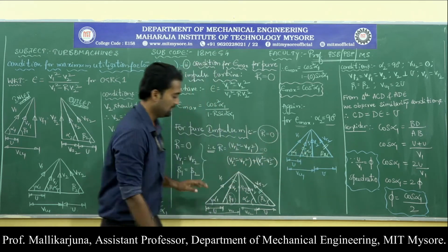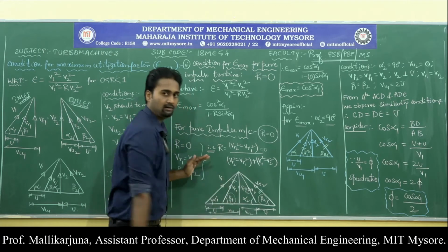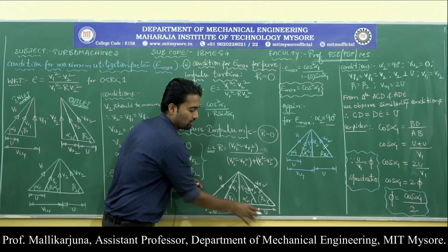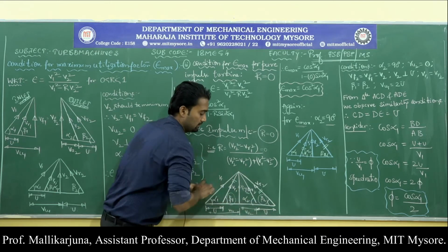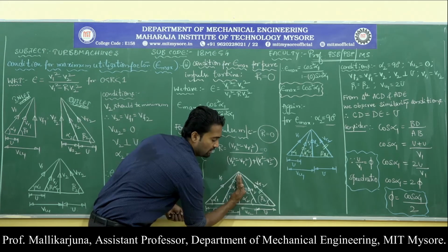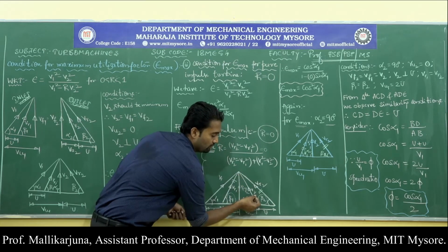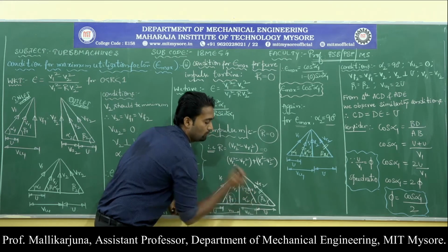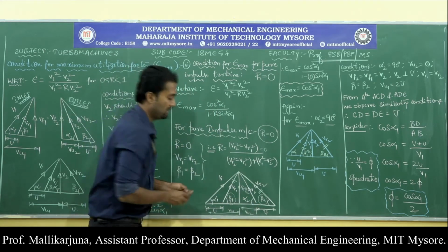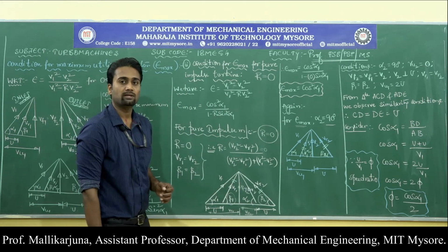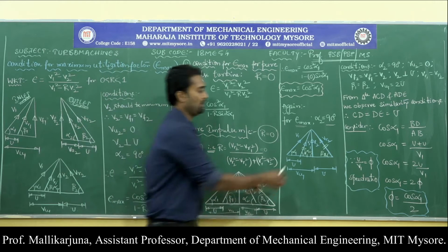In this velocity triangle, V2 has been made perpendicular to u. This V2 has been overlapped on Vf1 or Vf2, so that V2 becomes Vf1, which is equal to Vf2, and alpha 2 becomes 90 degrees, and this Vu2 will be eliminated. Vu2 becomes 0. That is what I have written over here.